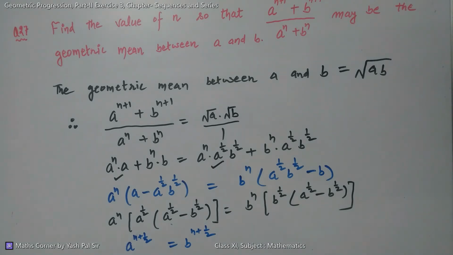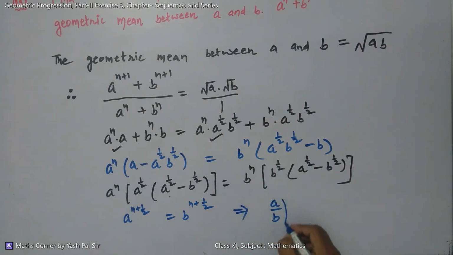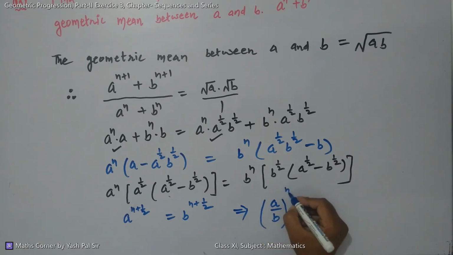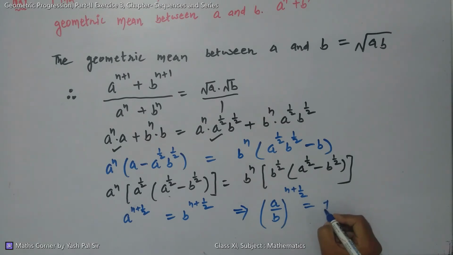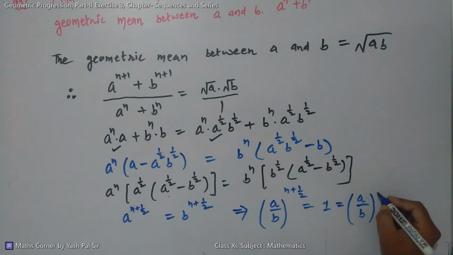Right? Now next, this implies (a/b) whole raised to power n plus 1/2. What is right hand side? This is 1, and this 1 can also be written as (a/b) whole raised to power 0.